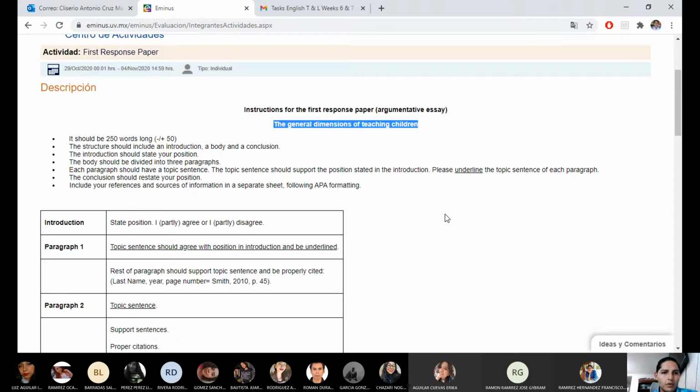The conclusion should restate your position with different words, paraphrasing your ideas in the introduction. Include your references and the sources of information you used in a separate sheet following the APA formatting. It could be the 2016 edition or 2017, it's up to you.